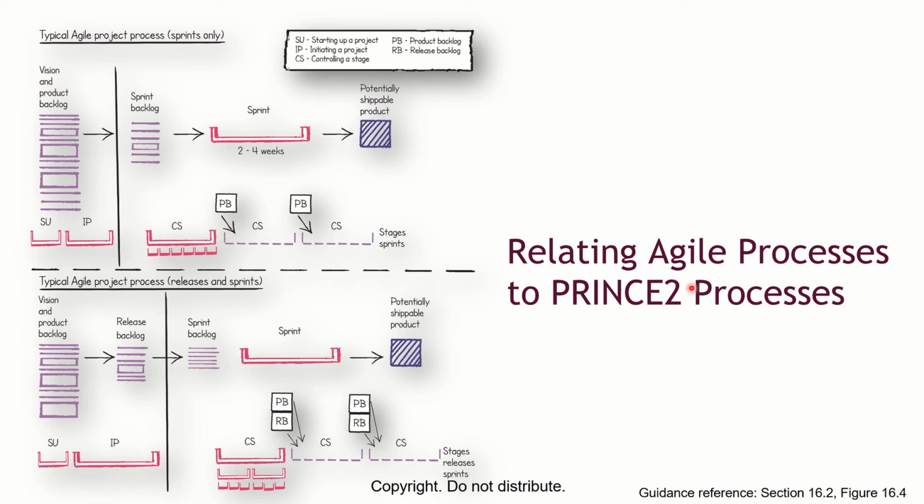So in Prince 2, there are 6 processes or 7. So these are the processes: starting up a project, which is SU; IP, initiating a project. Initiating a project is getting an approver to start the project, to pick up the activities. Then CS is controlling a stage. The PB is product backlog. The RB here is release backlog.